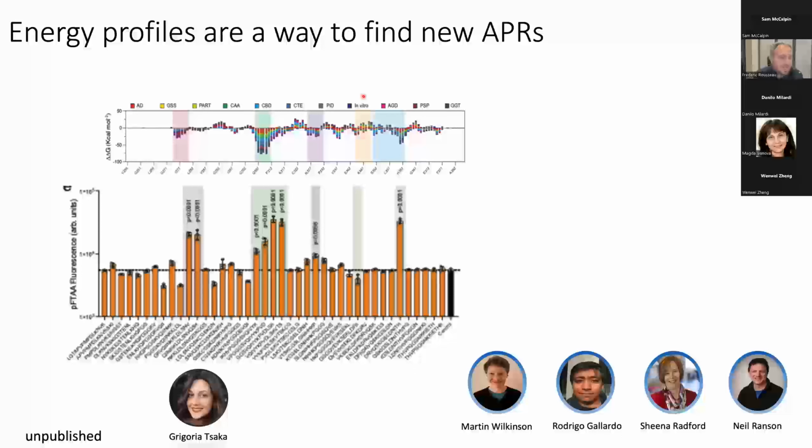So we did a simple experiment. So we made, for the whole tau amyloid core, we made peptides with a sliding window over the entire sequence. And then those peptides, we incubated them and we just stained them with THT or PFTAA to see which segments can form amyloid structures on their own, outside of the context of the full-length core.